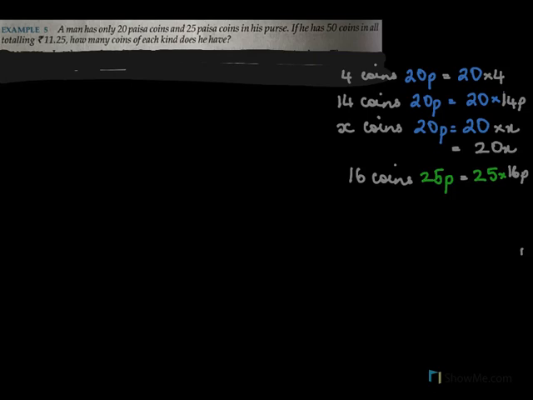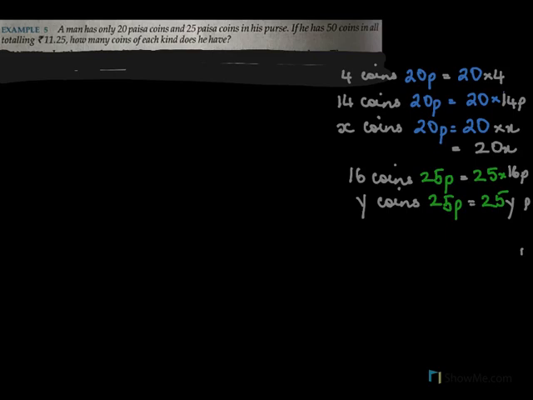Or if I were to tell you you had y coins of 25 paise, how much money would you have? Definitely you'll agree it is 25 into y, so 25y paise.